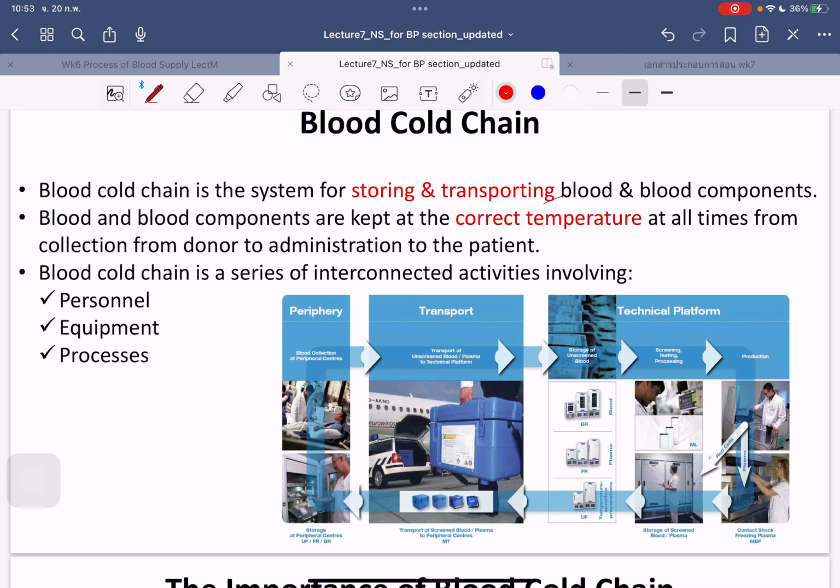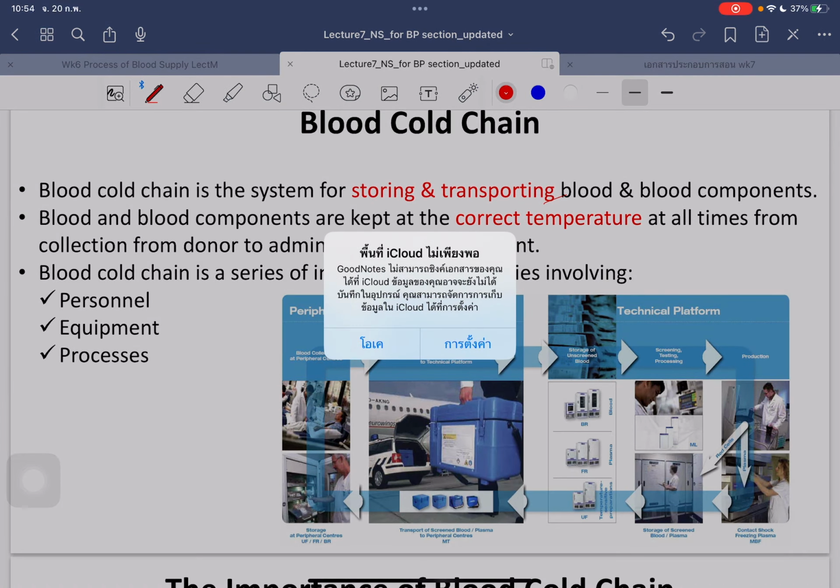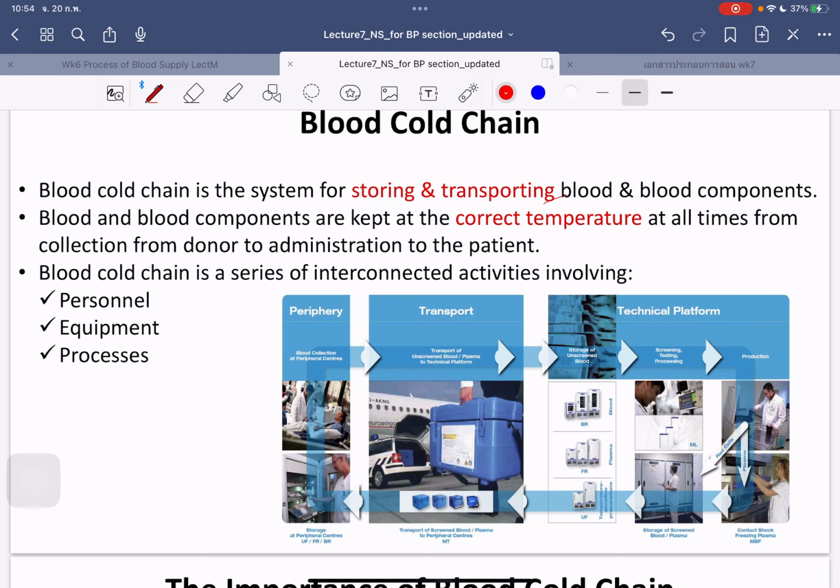Which point do you have to consider if you collect blood from the donor? What is the first step that you will do if you want to collect blood from the donor? The first step that you always forget.